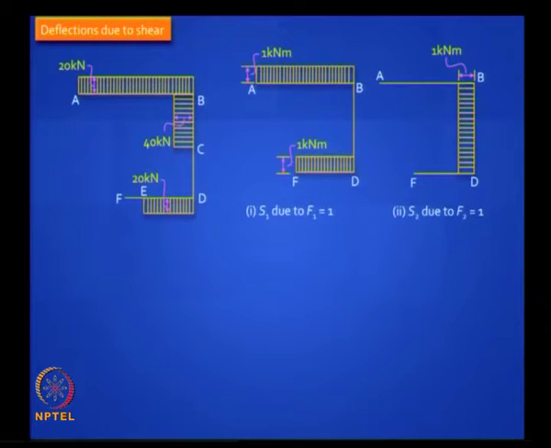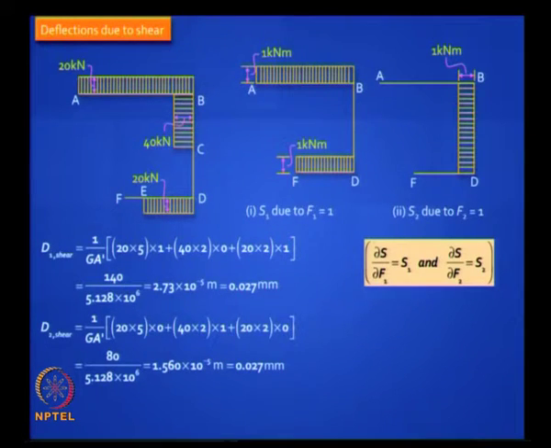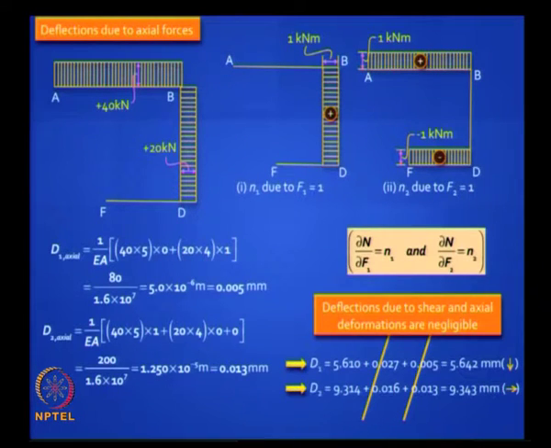Then you can also find deflections caused by shear using similar expressions, and at the end of the day we are interested in total values. You will find that the total deflections d1 and d2 are 5.64 and 9.34 mm downward and to the right, and those additional terms that we have cut off here are terms that come from shear and axial, and you will see that they are actually negligible.